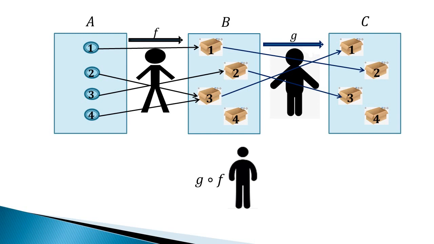And what he does, he transfers the balls directly from the table A into the boxes on the table C. He actually combines the rules of the two persons into a single process, and this is similar to the composition of the two functions g and f.